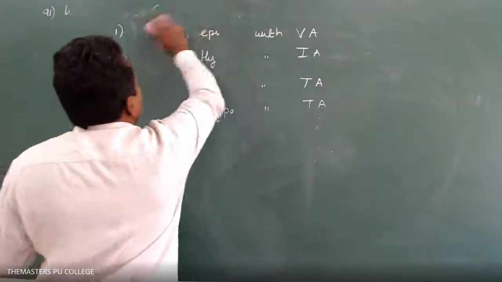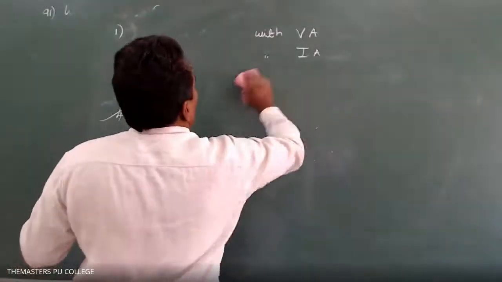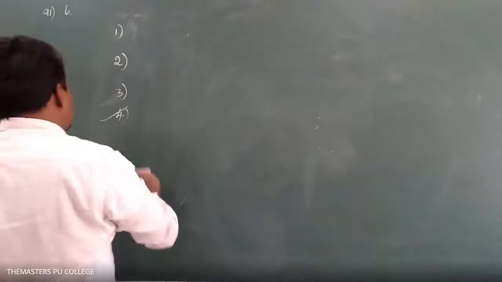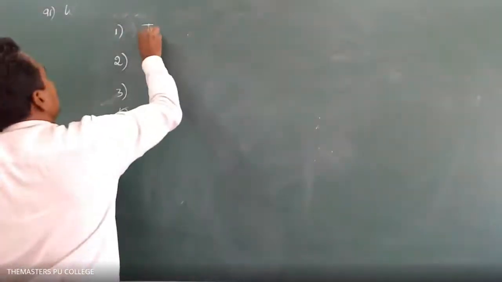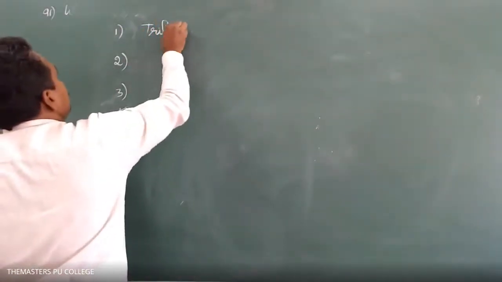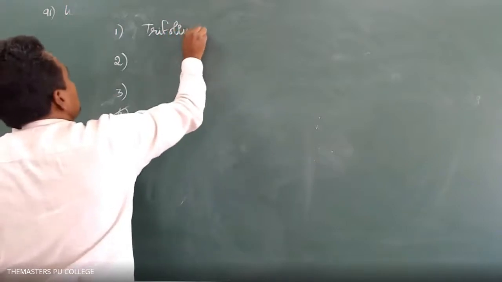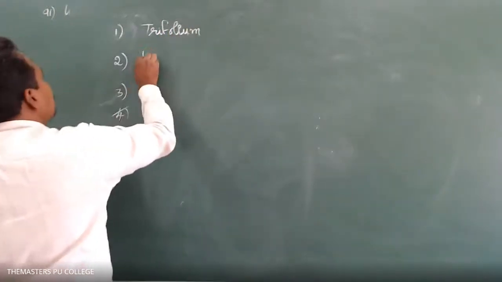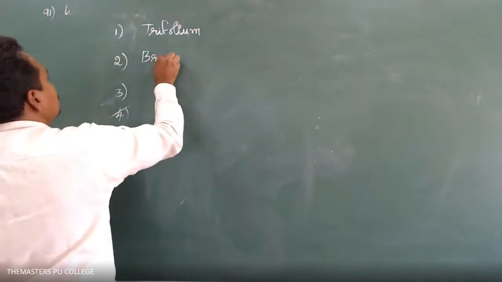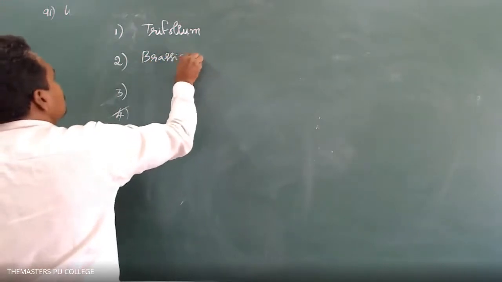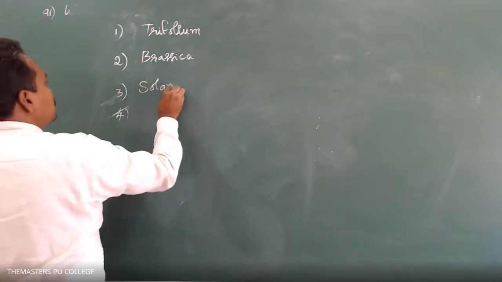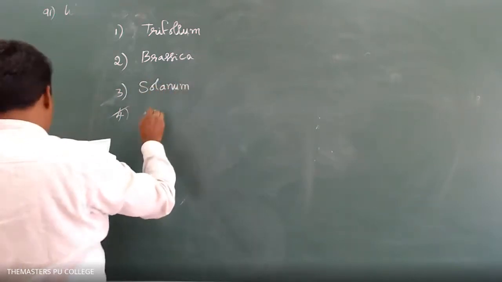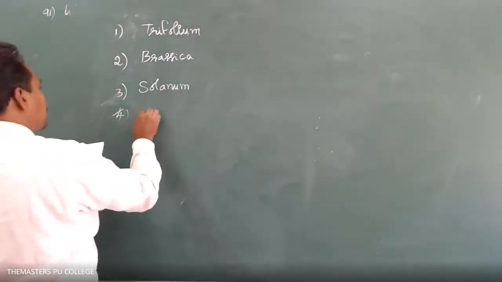Cymose inflorescence is present in. What are the given options? Option 1 is Trifolium, option 2 Brassica, option 3 Solanum, option 4 Sesbania.